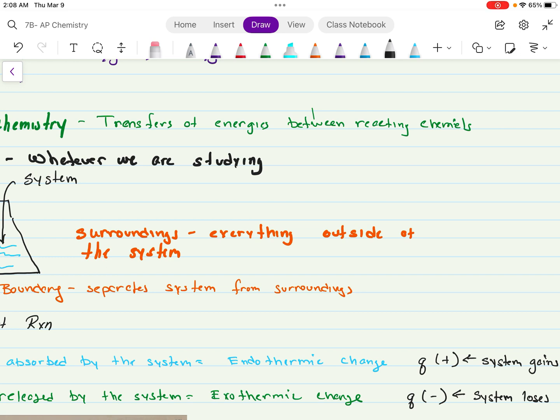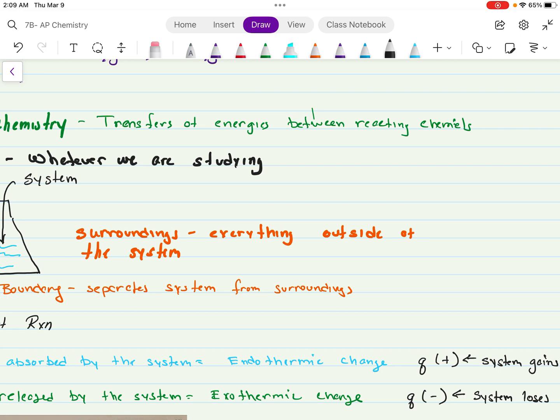So even though the system is losing energy, we perceive that as heat in its surroundings because now the energy is out of the system and into the surroundings. So we perceive that as a gain in temperature or a gain in kinetic energy, because we're in the surroundings.